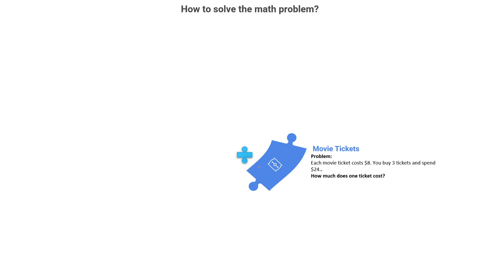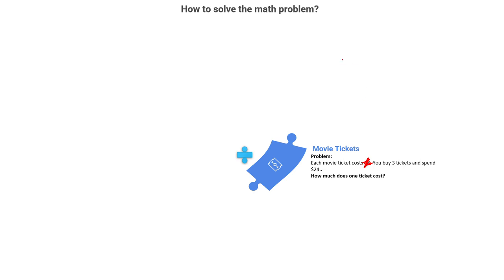Next, movie tickets. Each movie ticket costs 8. You buy 3 tickets and spend 24. How much does one ticket cost? Here the question itself is giving the total. So I don't want to take this example, but let me give you another. Say each movie ticket cost, you don't know.